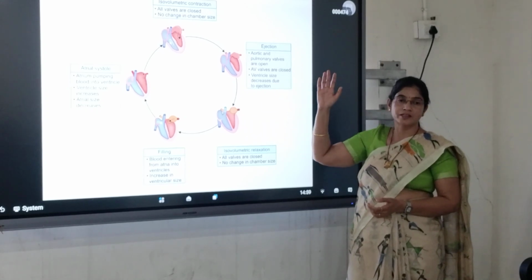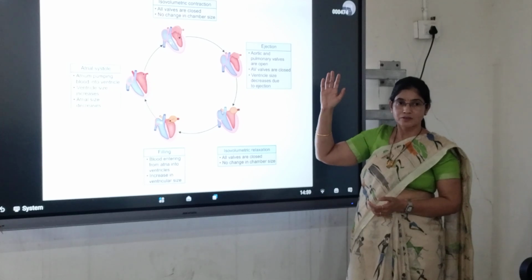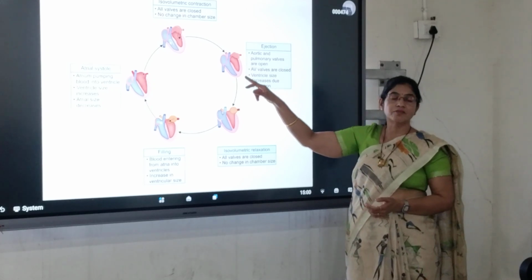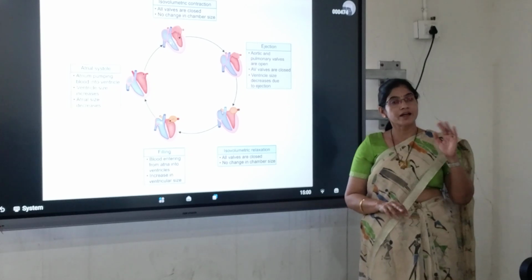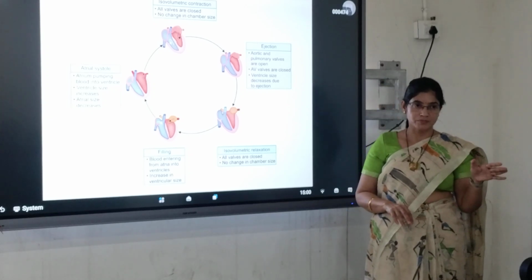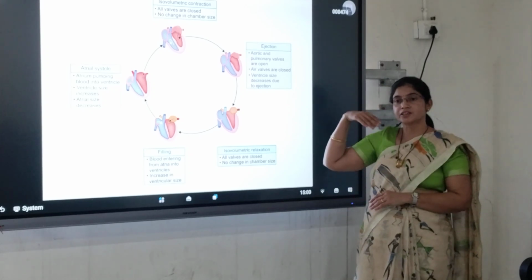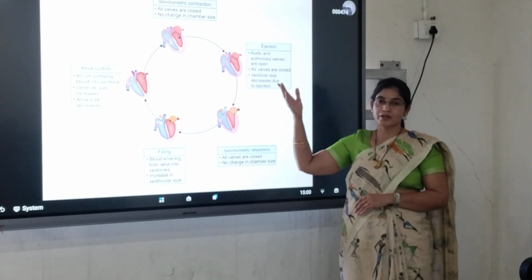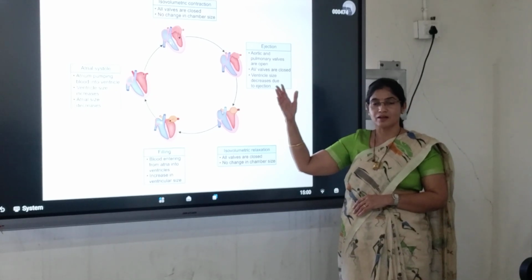All the blood is not ejected. So before the contraction, the amount of blood present in the ventricle is called the end diastolic volume. The amount of blood ejected into the aorta is called the stroke volume. It is about 70 ml.